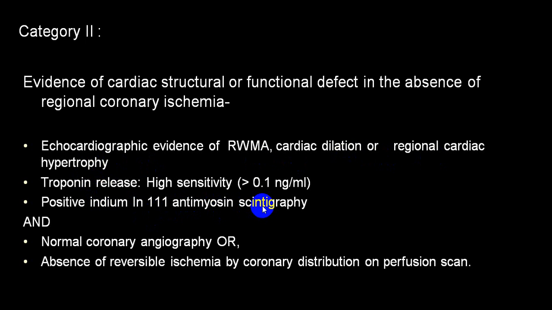Scan can show you myocardial damage. Coronary angiography will be absolutely normal, and there will be absence of reversible ischemia on perfusion scan. This is called category 2.